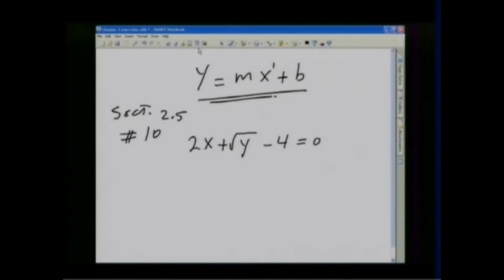Well, this is not a linear function because of this term here. This is y to the 1/2 power.